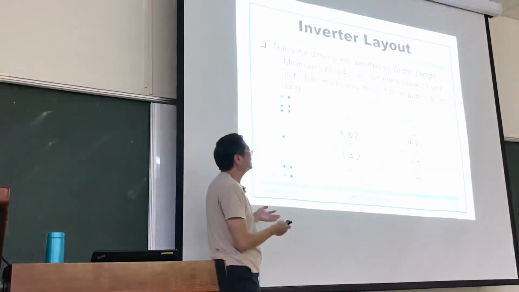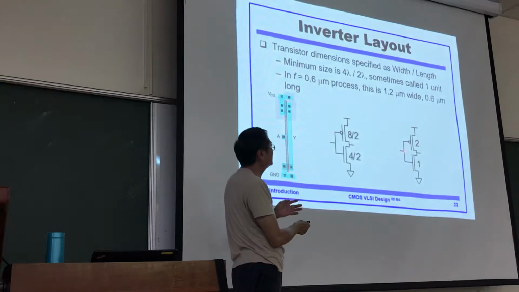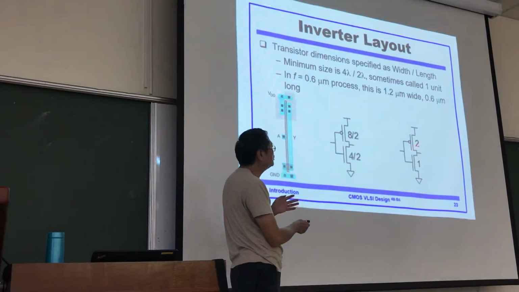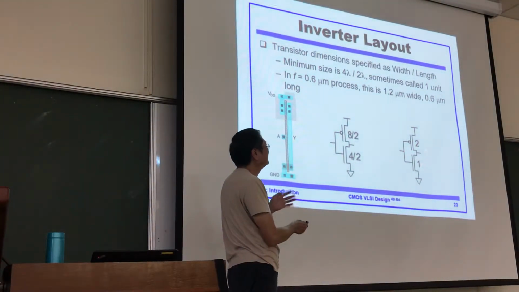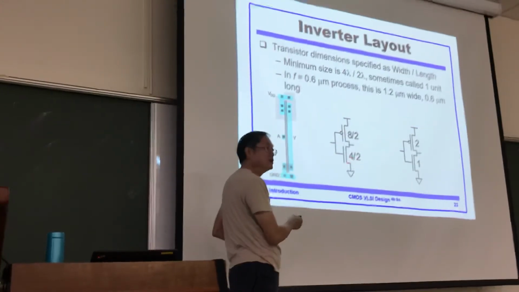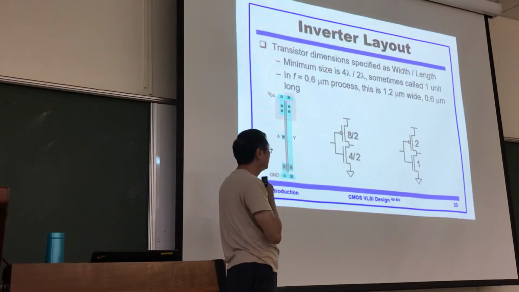You can also denote the transistor size only given the integer, either 2 or 1. That indicates that 1 is the minimum size transistor, 最小的transistor.